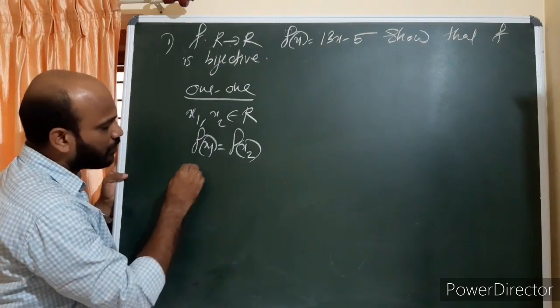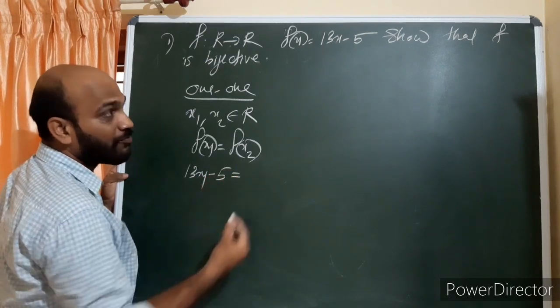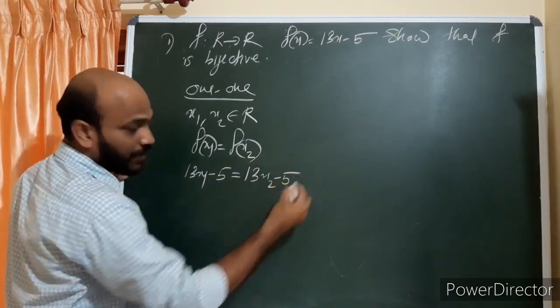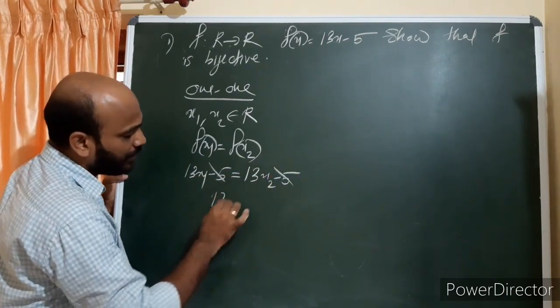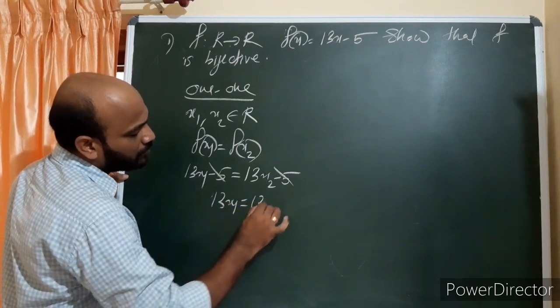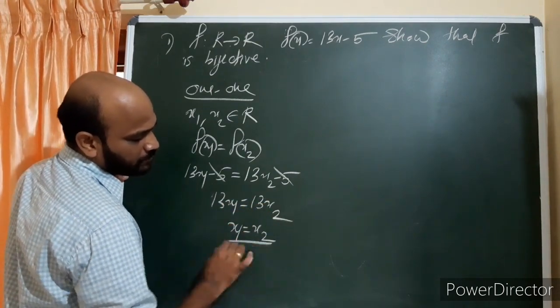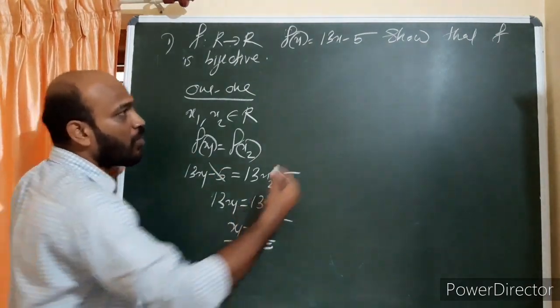So f(x1) will be 13x1 - 5 and f(x2) will be 13x2 - 5. So we can cancel -5 from both sides. So we will get 13x1 = 13x2, so we get x1 = x2. So it is clearly a one-one function. Now you have to go for onto.